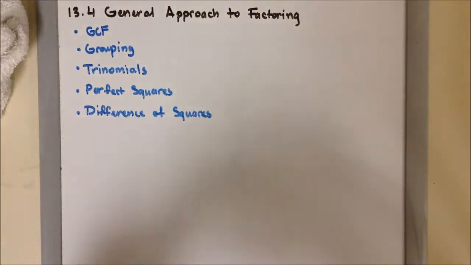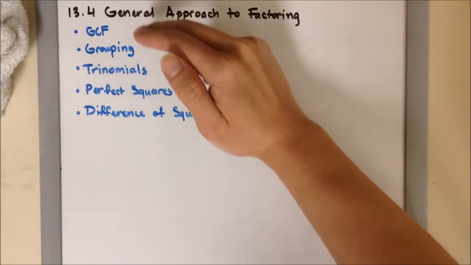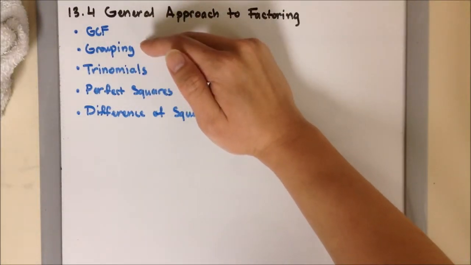When you come to a higher level quadratic or equation that you have to factor, a quadratic or higher, to the third degree or fourth degree, or multiple variables, for a general approach, check if you can do GCF and grouping.